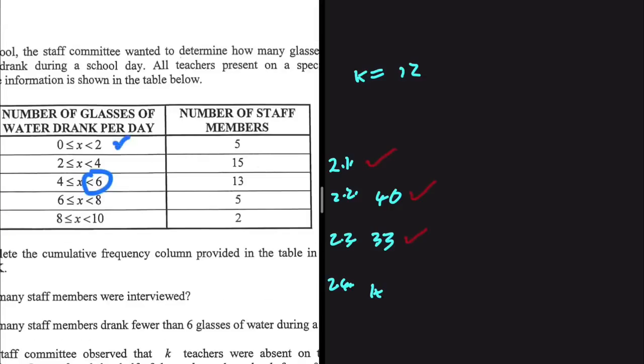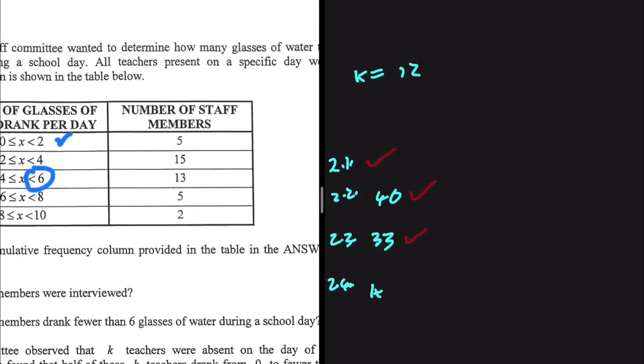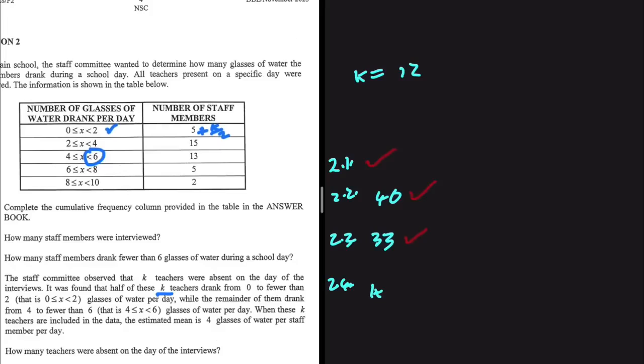So for 0 to 2 glasses of water, we have 5 plus k divided by 2, okay? Because we know that k divided by 2 teachers drink between 0 to 2 glasses of water. Let's carry on reading our information. While the remainder of them drank from 4 to fewer than 6.